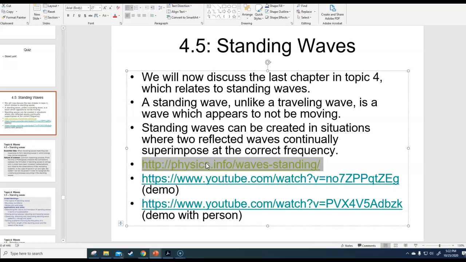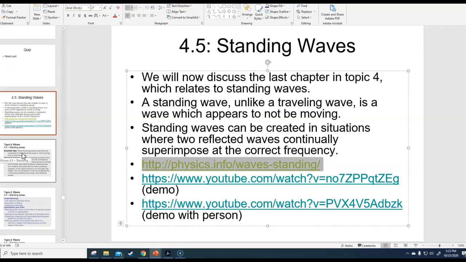Okay, so I'm also going to link two short video clips so you can see what that looks like. The first one is created with a machine that basically moves a string at a certain frequency, and the second one is done with a person where he basically ties one end of either a rope or something, and he uses that to create different types of standing waves, and you'll see how that works.